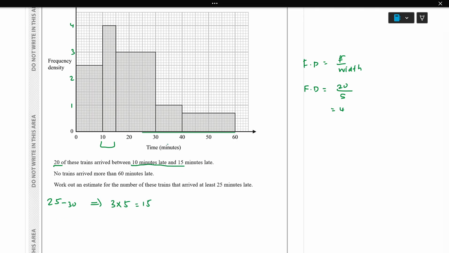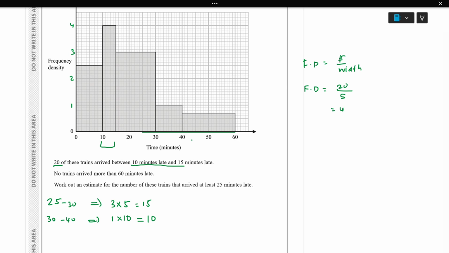Next, 30 to 40, the frequency density is 1, times the width, which is 10, so that is 10.